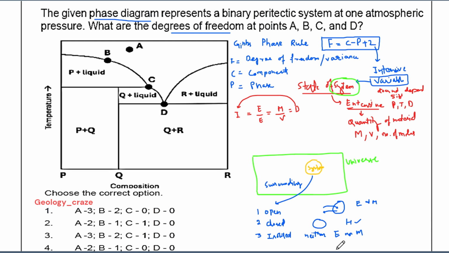So what is changing in our system if we use an isolated system? The intensive variables, pressure and temperature, are the two things that we generally use, because our system varies due to them. That's why we study our diagram with respect to pressure and temperature, so we are using two.